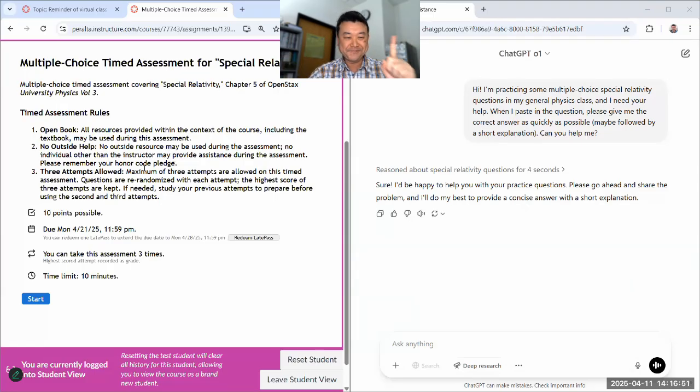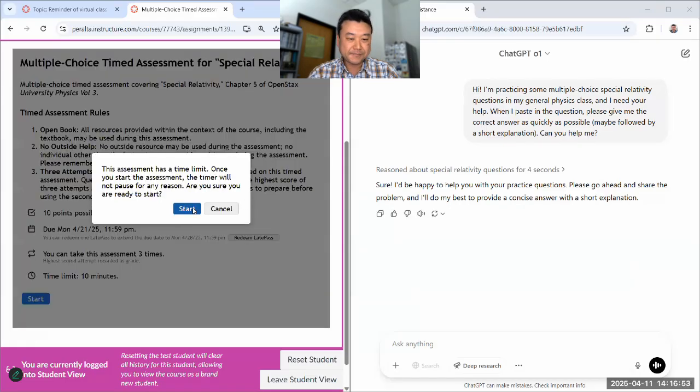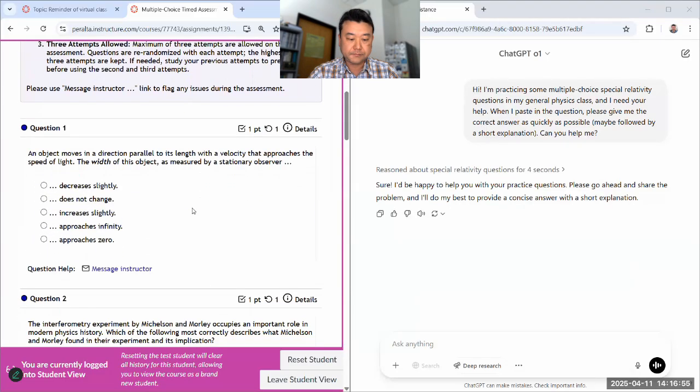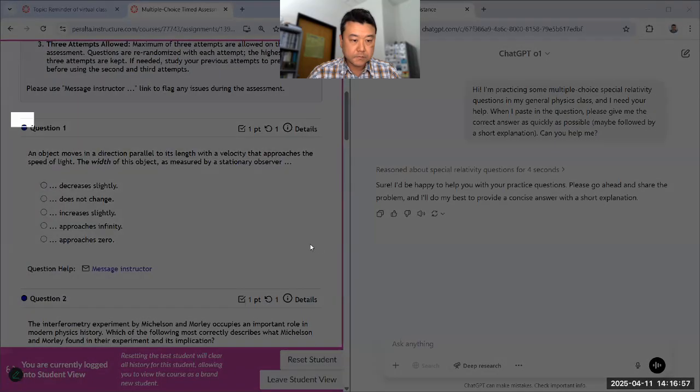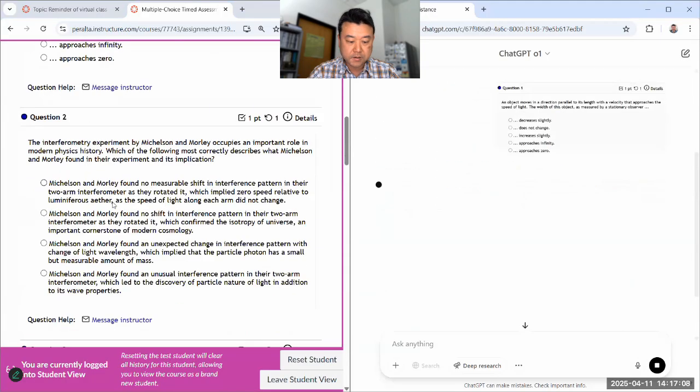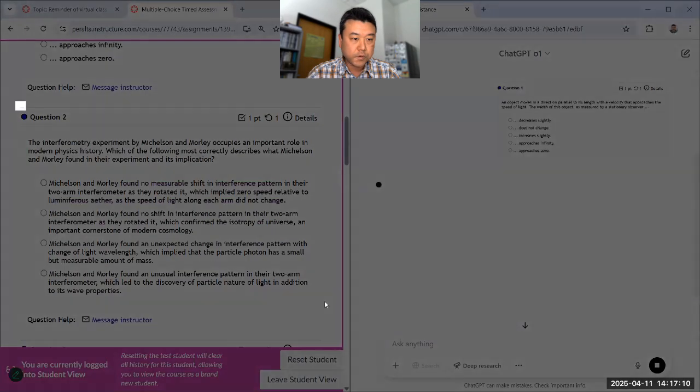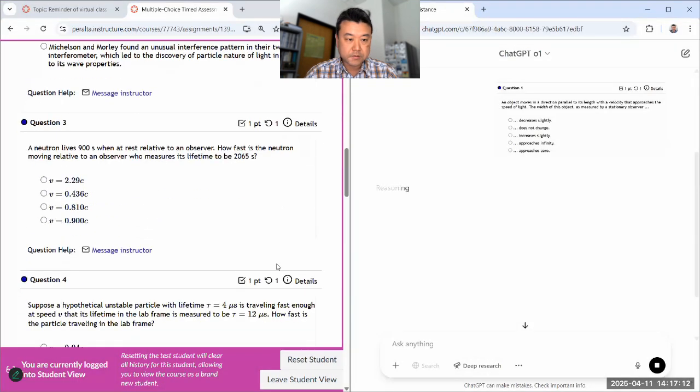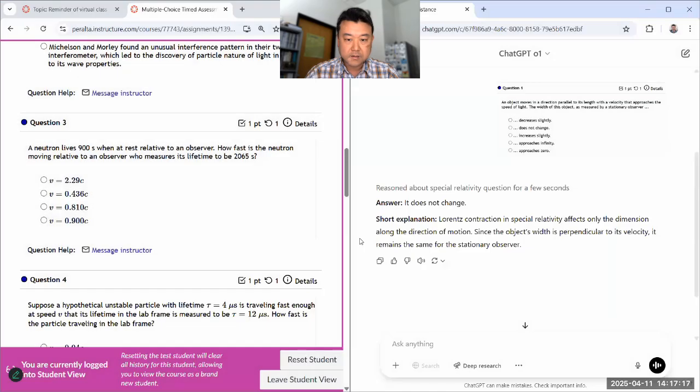Well, give it a try. Paste this in. While ChatGPT is answering, I'm gonna copy the next two questions into the buffer so that when it's done answering that, I can do my next thing.